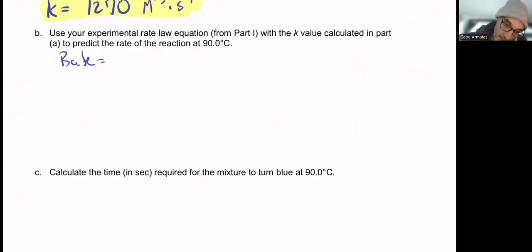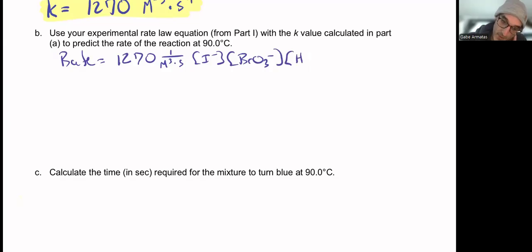With the calculated K value, so I'm just going to plug that in. 1271 over molarity cubed times seconds, times concentration of I minus times concentration of the bromate times concentration of H plus squared. We want to predict the rate of the reaction. So I know K already, 1271 over molarity cubed times seconds.